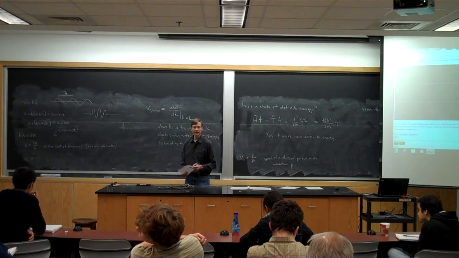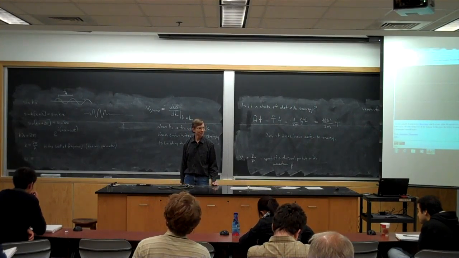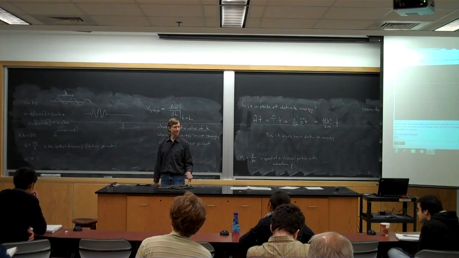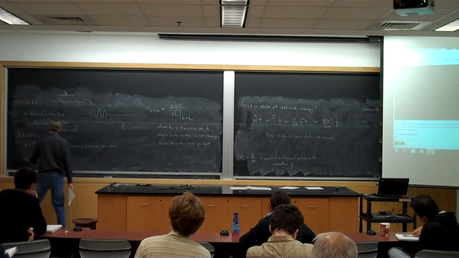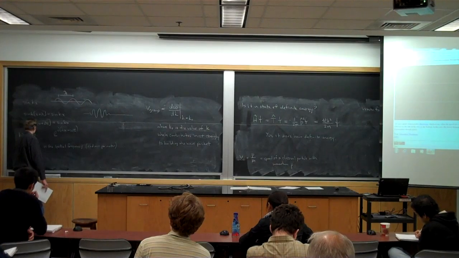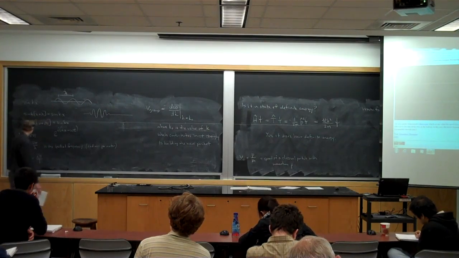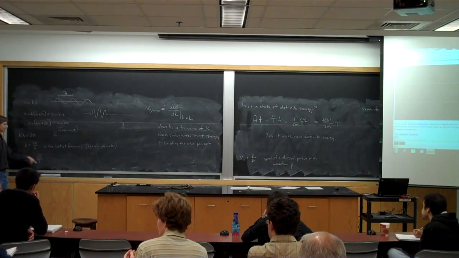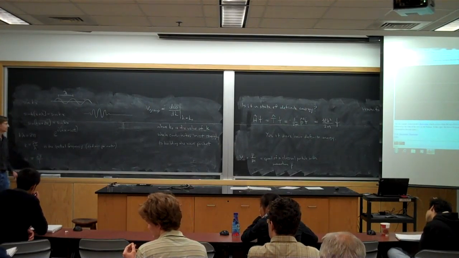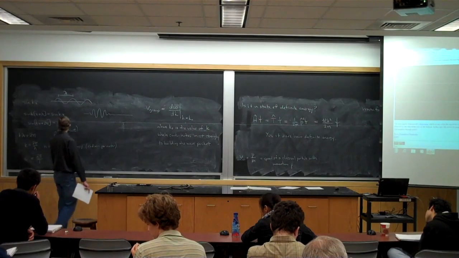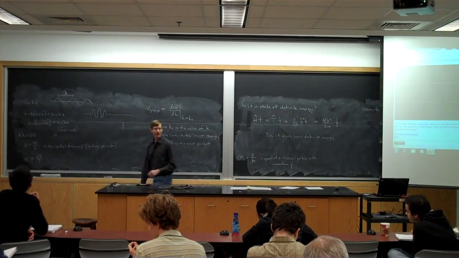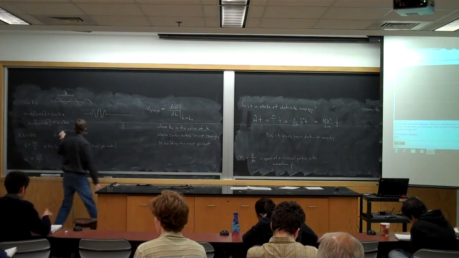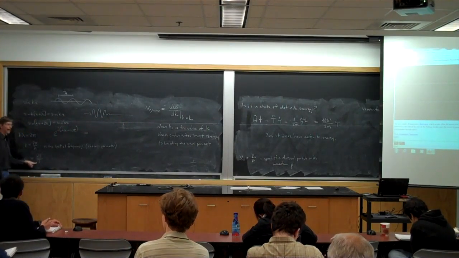And how is omega related to capital T? 2 pi over T. Yeah, 2 pi over T. So T is in seconds, omega is in radians per second. So if I have e to the i(kx minus omega t), then k is 2 pi over lambda and omega is 2 pi over capital T.